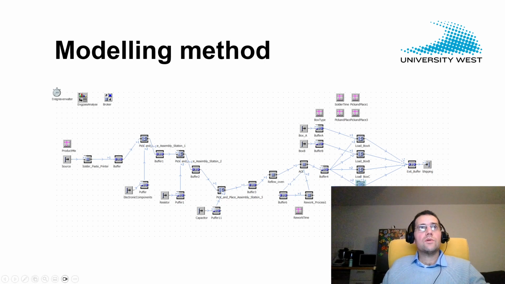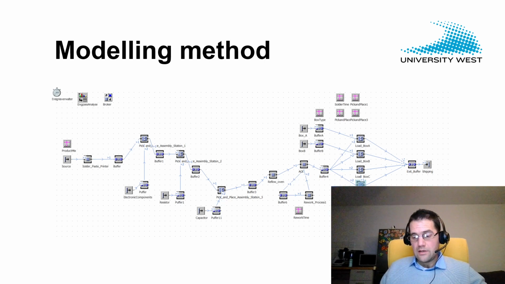In the logic, as we discussed during the conceptual model, we have a source that uses a table for the three different packages. We also have a table for the time that has been assigned to the stations. The logic is to use electronic components to simulate those components that are added on top of the empty PCB.